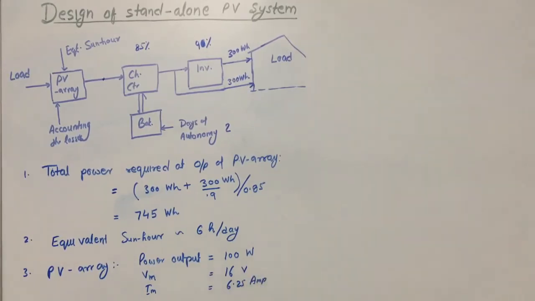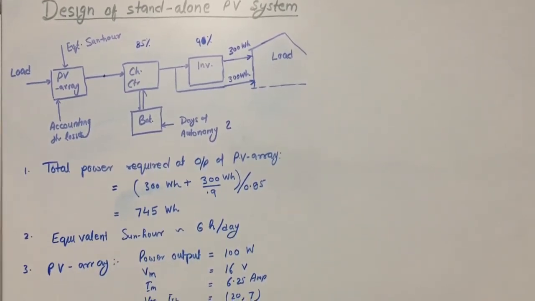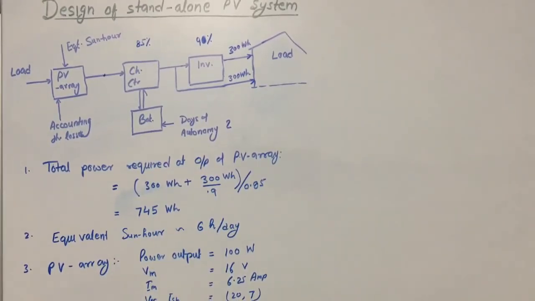The open circuit voltage and short circuit current are mentioned as 20 volt and 7 ampere for the panel board. If we have these specifications for the panel, now assume the panels are operating at maximum power point.